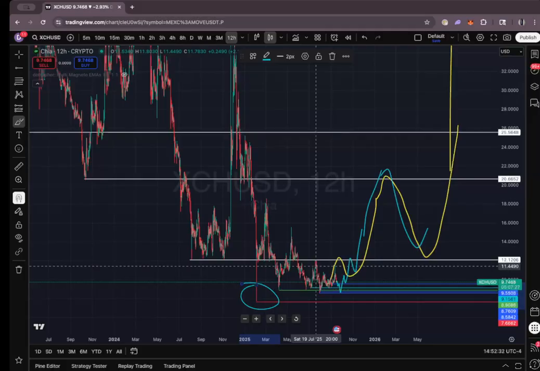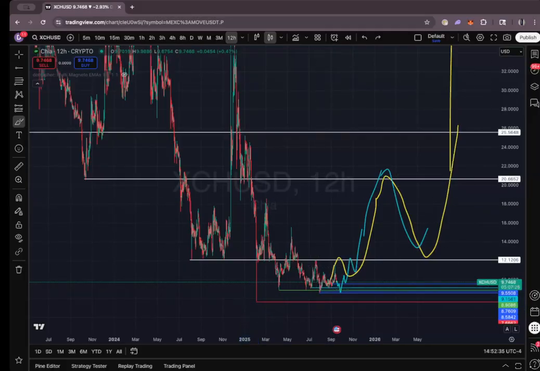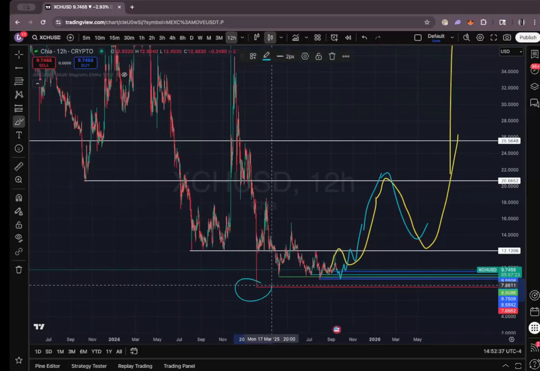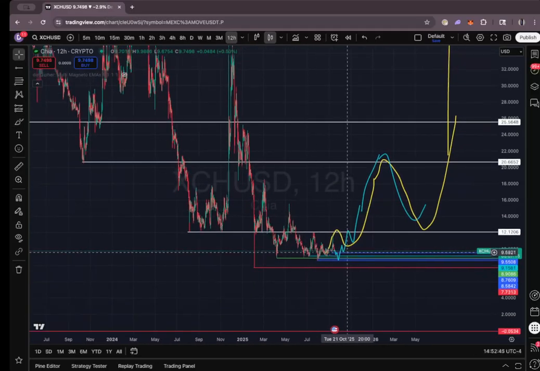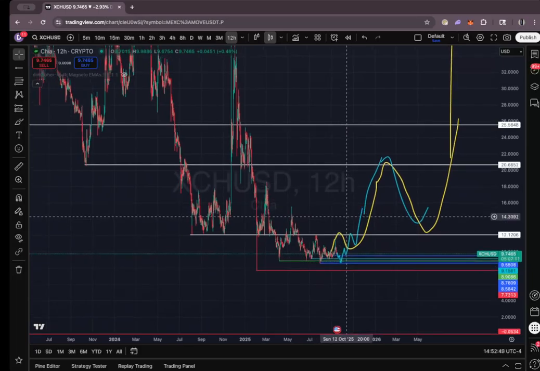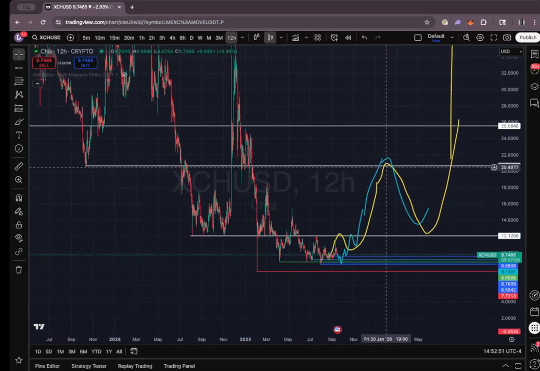That's basically already confirmed. If you're worried about it, you can anchor your stop there. I do not expect this stop being taken. So just easily add into it as much as possible from 9.5 to 8.5, and that'll be the next range until we go back up to 20.